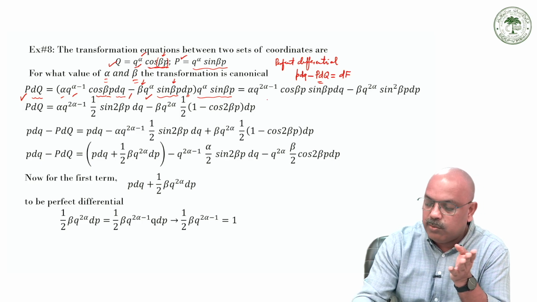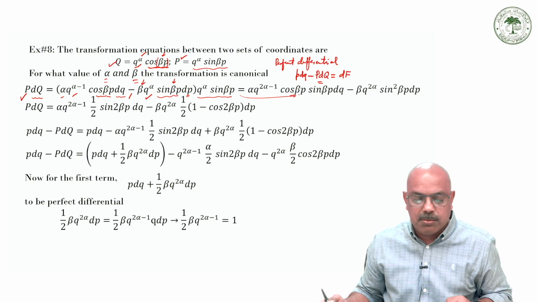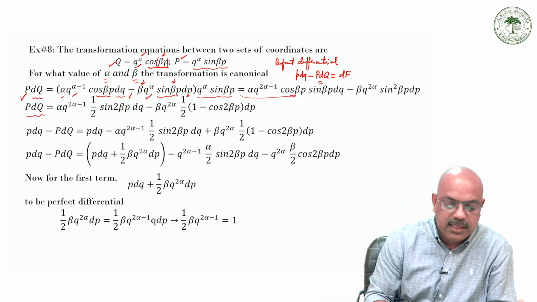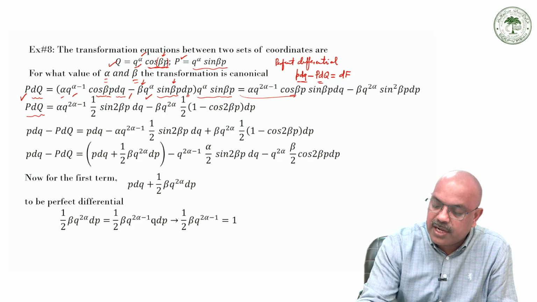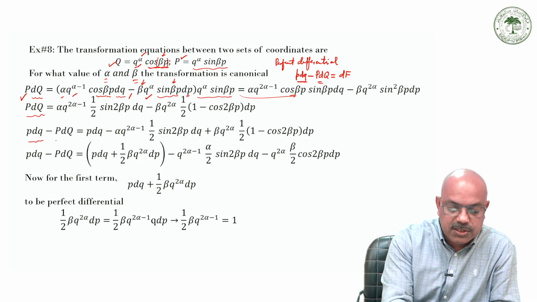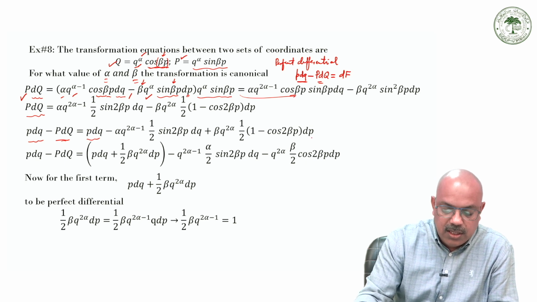Now you multiply it and you get an expression. I'm not going to multiply it, you figure it out, this P dQ, and then I subtract it from this p dq, okay. So p dq and this whole term is there.